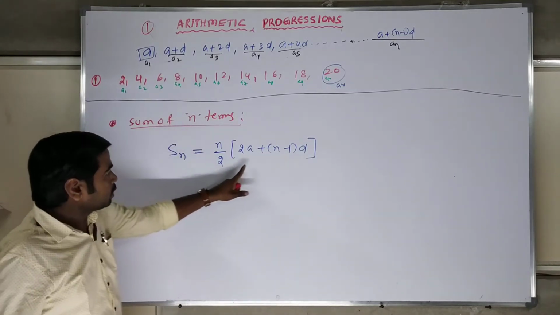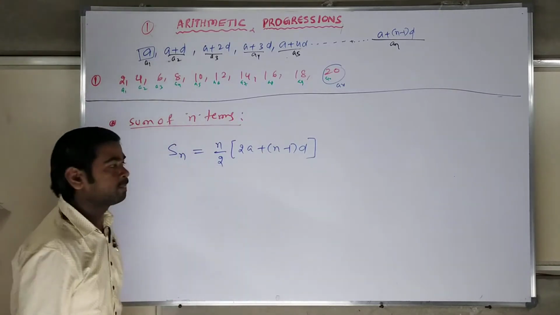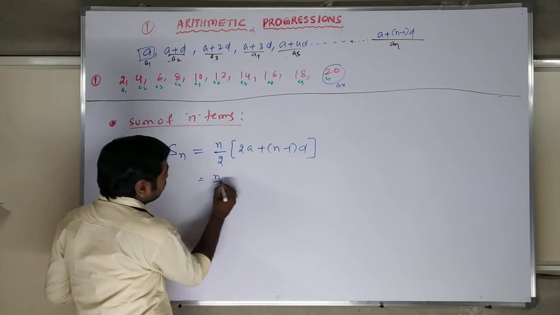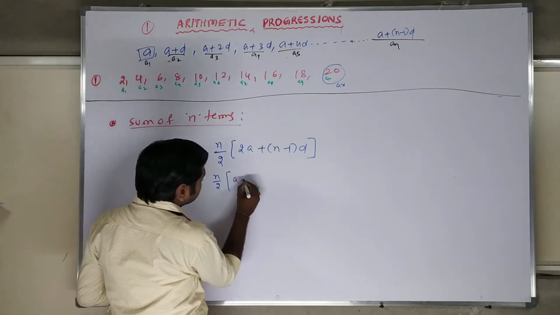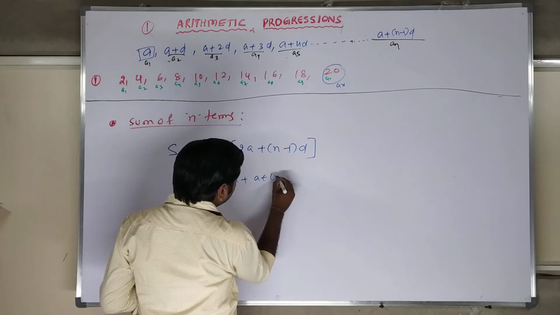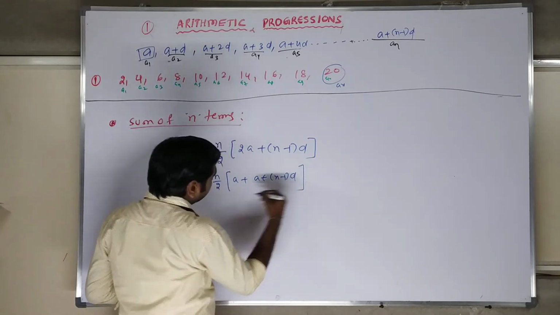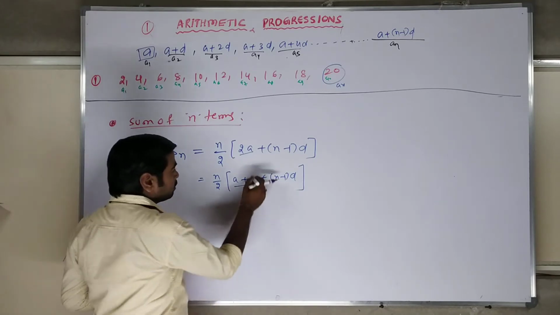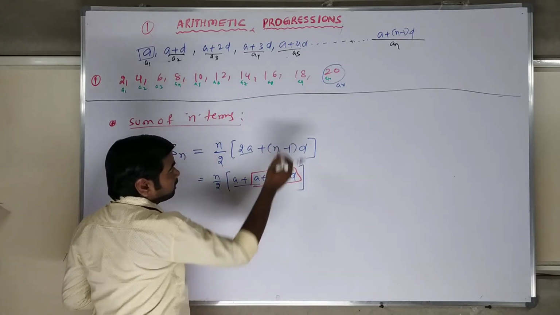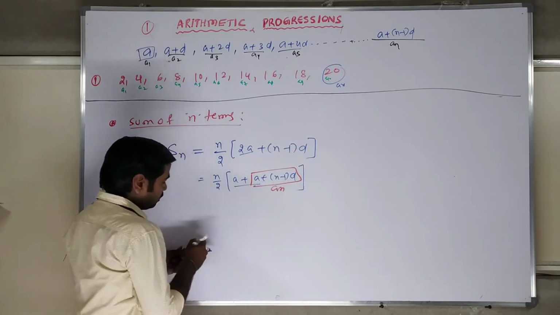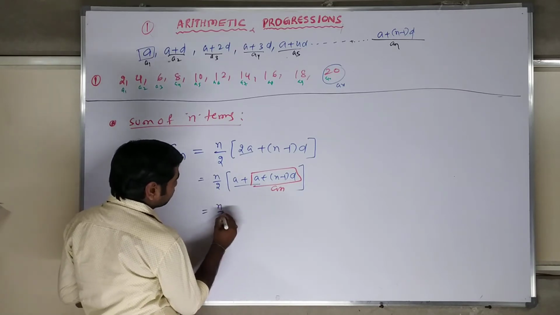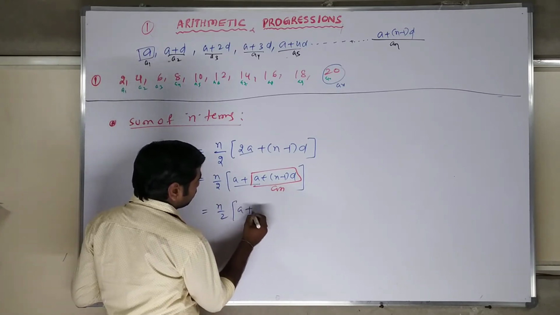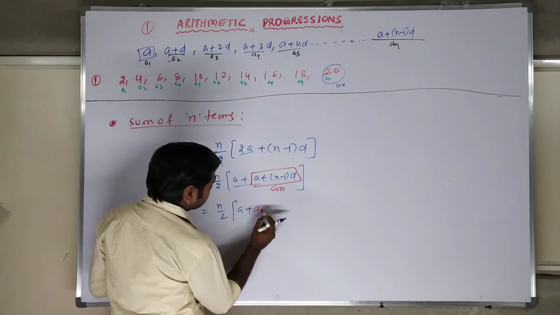n by 2 into 2a plus n minus 1 into d. If you open it, there is another way too: n by 2 into a plus a plus n minus 1 into d, because 2a I can split as a plus a. As we know, a plus n minus 1 into d is the nth term directly. So this formula we can write another way also: n by 2 into a plus a suffix n.